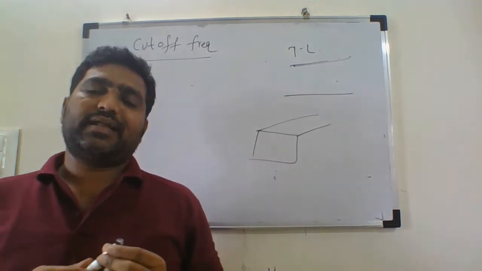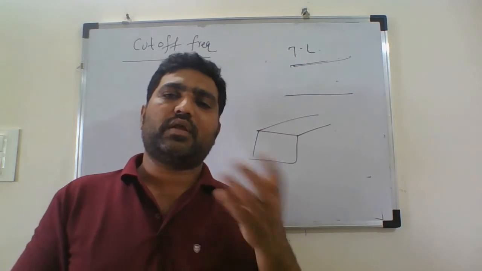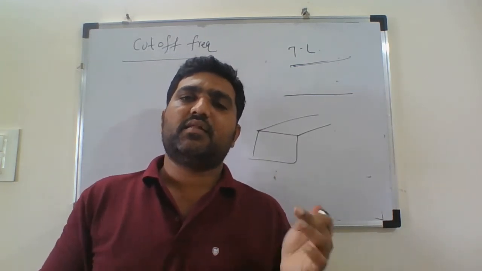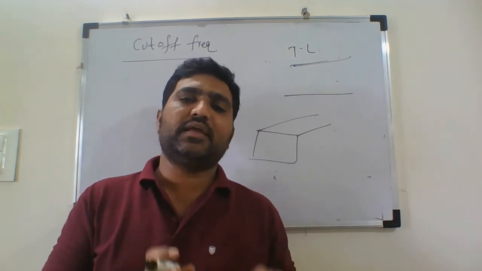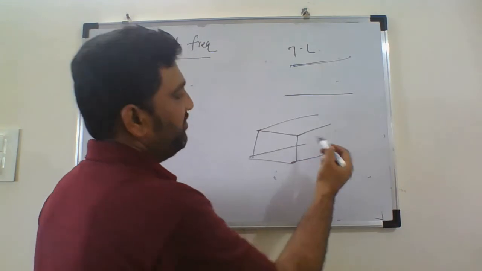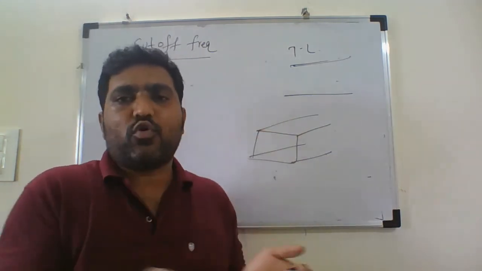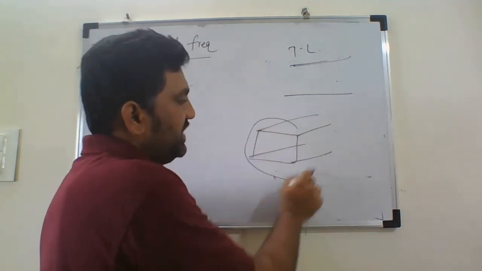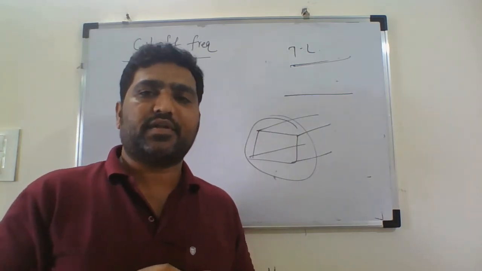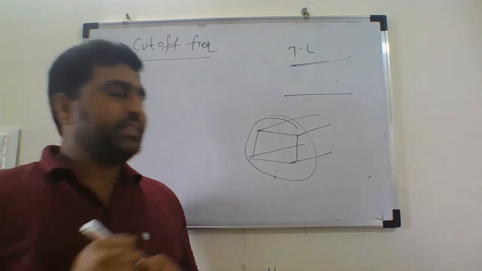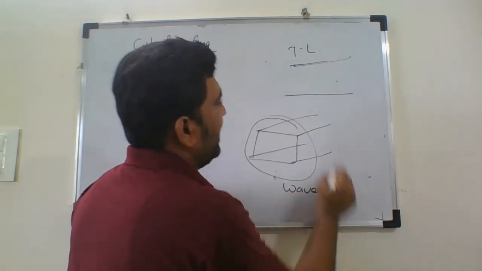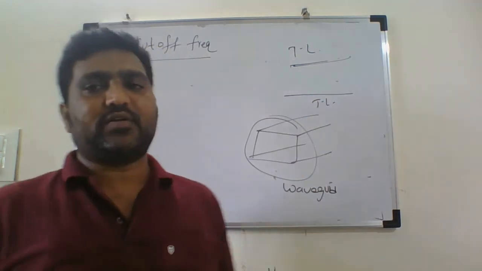So a rectangular or a circular or an elliptical waveguide is basically a single-wire or single-conductor structure. All four walls are interconnected to each other, so all of them are just one conductor. There is no second conductor here. That is the primary difference between a waveguide and a normal two-wire transmission line.